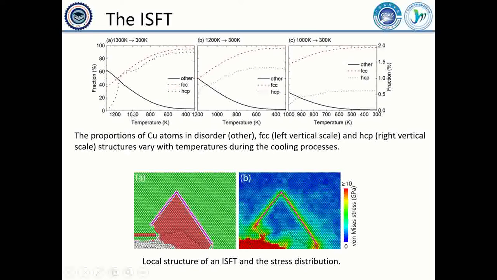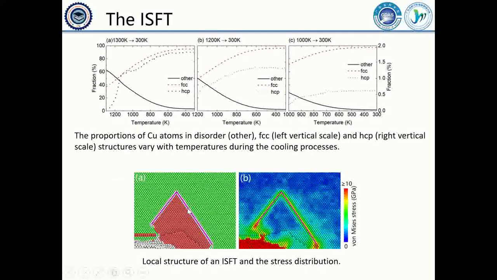The stacking fault in face-centered cubic metals occurs in the HCP structures. In the cooling process, the incomplete stacking fault tetrahedrons tend to form a stable structure with decreasing temperature.